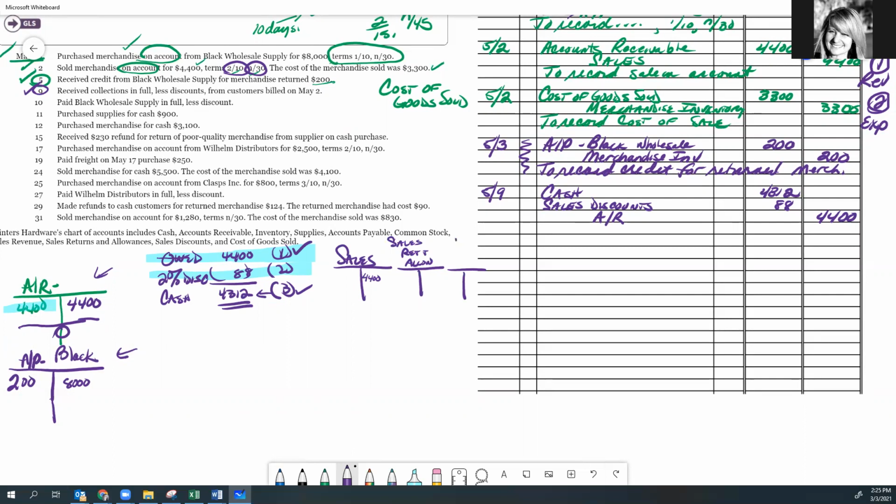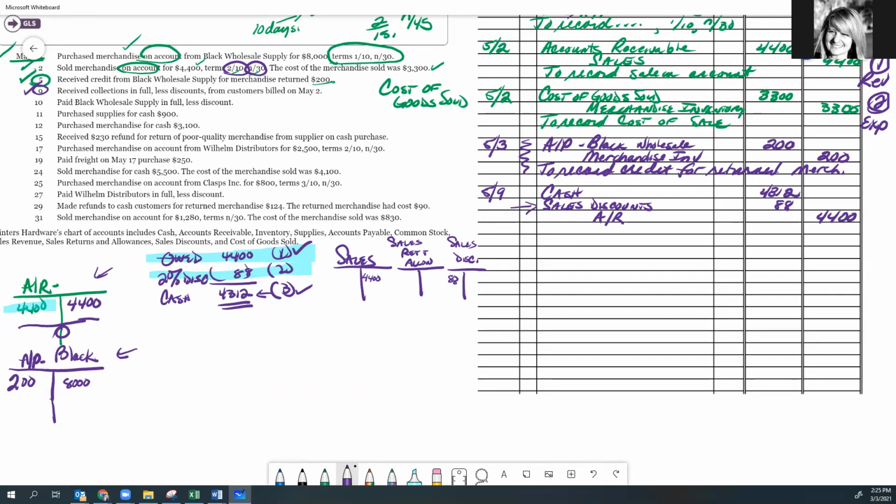But then we have this other account called sales discounts. And that is the discount that we give for early payment. It reduces sales. So if sales is a revenue account and credits make revenues go up, then debits should make revenues go down. And in fact, what we did here was debit our sales discounts of $88.